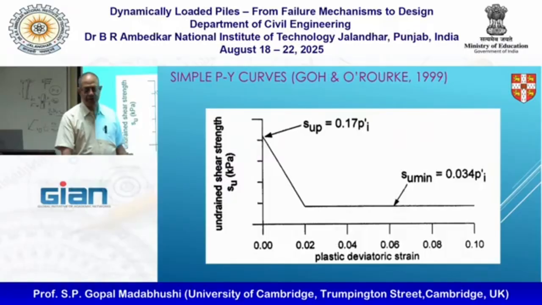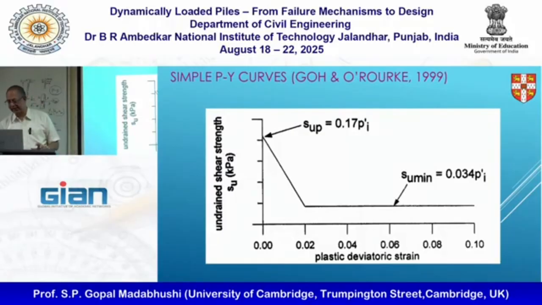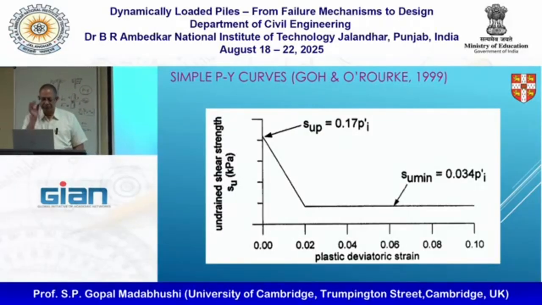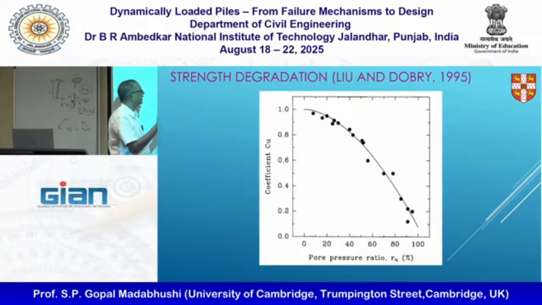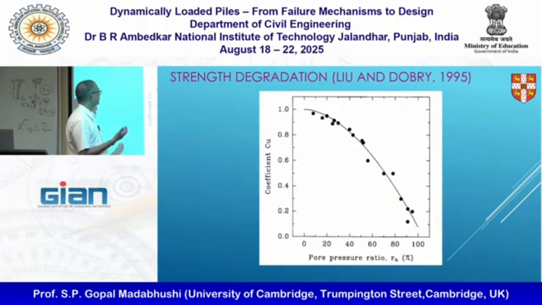And we now have experimental evidence. Tejesh and other people have done this with clays, and there is enough data on that. Back in '95, in a very popular paper, Liu and Dobry came up with this degradation of the strength.